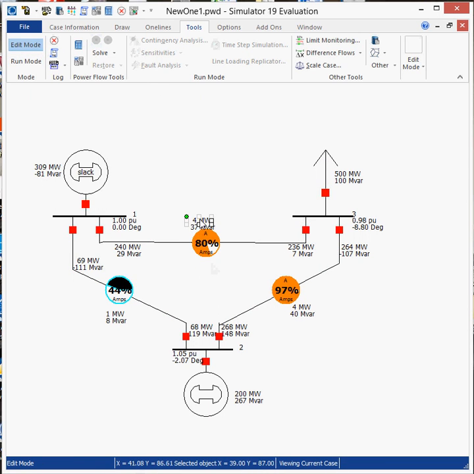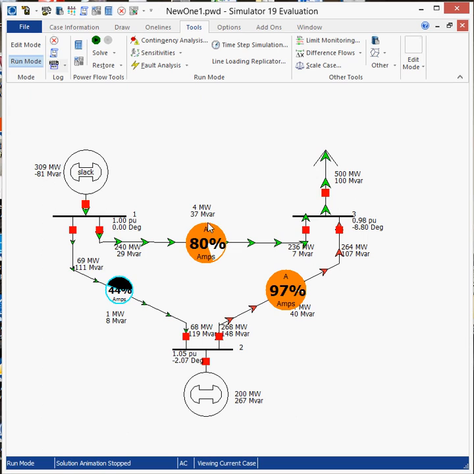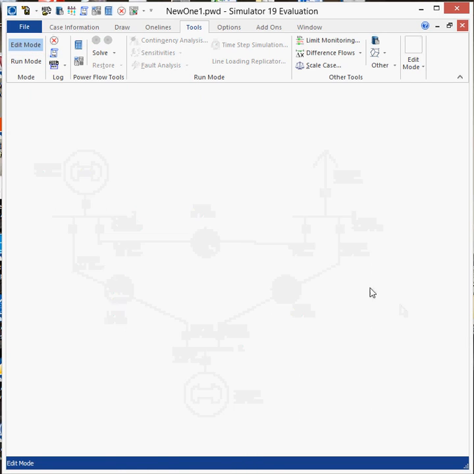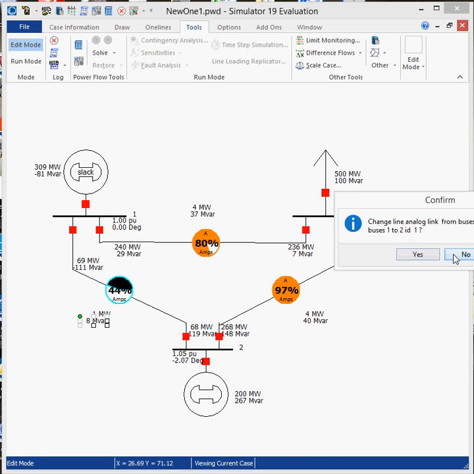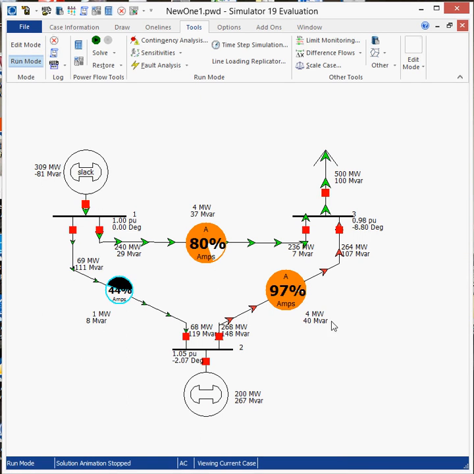So you can actually get the total losses from here. So this is the total losses for the line between 1 and 2. So this is the losses for line 1, 2, 3.